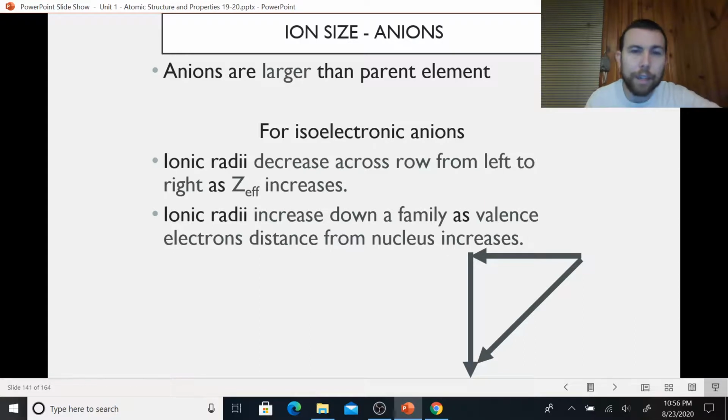And the ionic radius increases down a family as the valence electrons' distance from the nucleus increases. Because the electrons are getting farther away from the nucleus, the size gets larger. So atomic radius and ionic radius follow essentially the exact same trend.